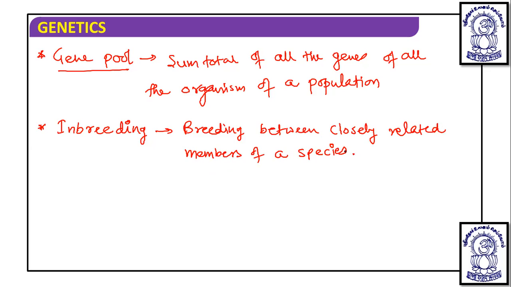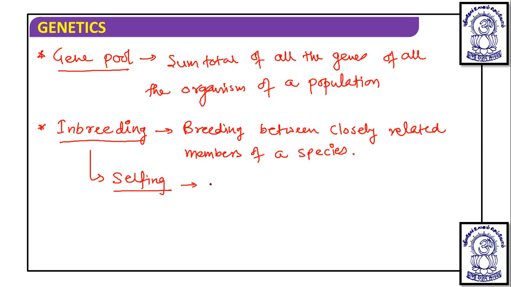Means if individuals of one species are closely related, belonging to the same species, and they are breeding, then it is known as inbreeding. And inbreeding is one type of selfing, means breeding of a plant with the same type of plant, then it is known as selfing or inbreeding.